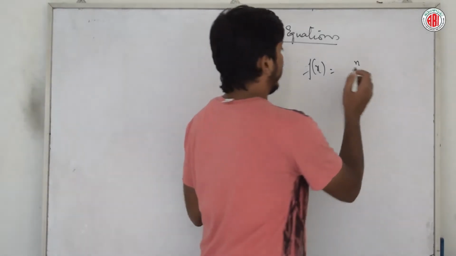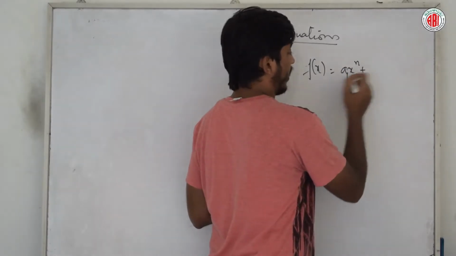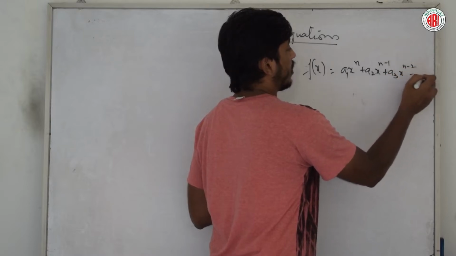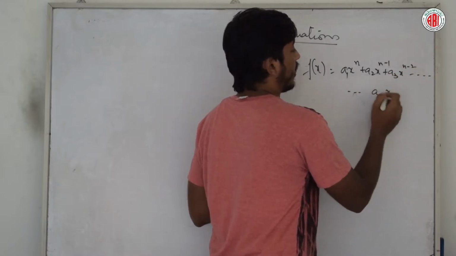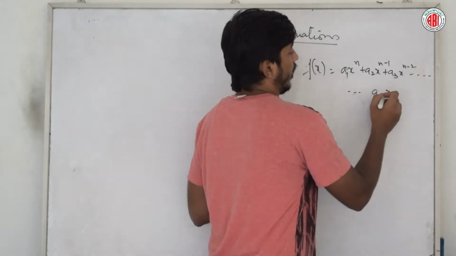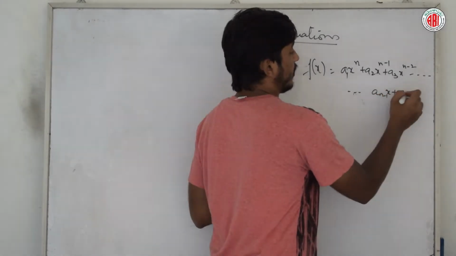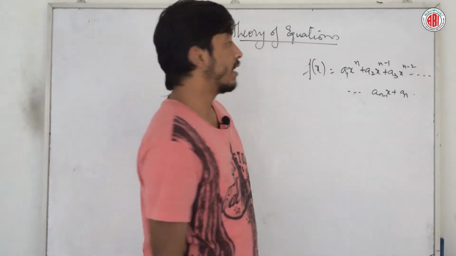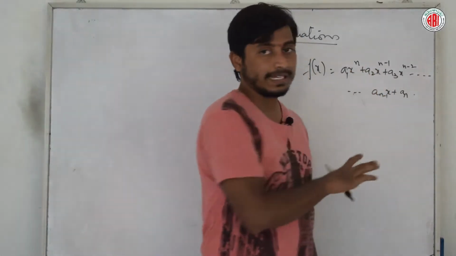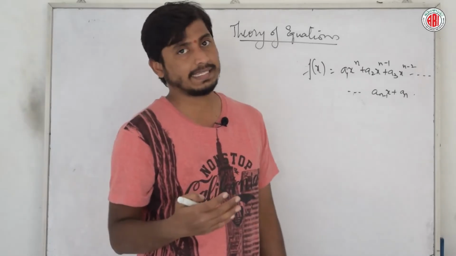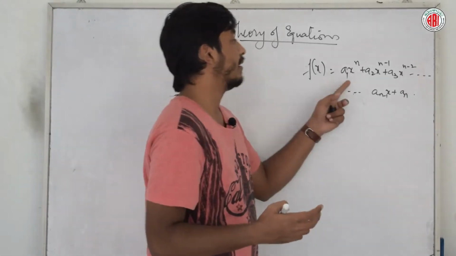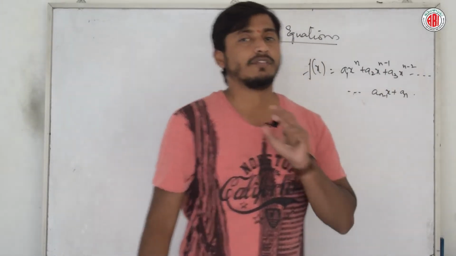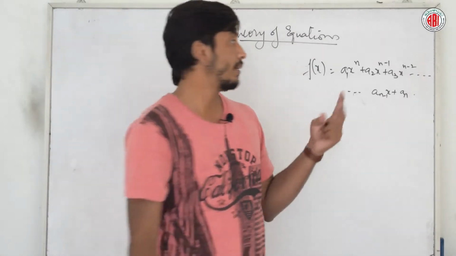Let us say it is like a1 x power n, a2 x power n minus 1, a3 x power n minus 2, and so on up to a(n minus 1) into x plus an into x power 0, one constant, which includes all the coefficients of x terms and all the powers of x. Clear? This is a polynomial of nth order. Right? Fine. What did we used to learn for these given polynomials?